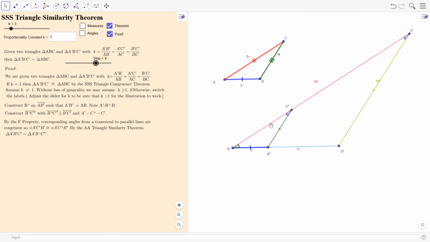Okay. Now, this angle, of course, they share, so triangle A prime, B double prime, C double prime, and triangle A prime, B prime, C prime have two pairs of corresponding angles that are congruent. Therefore, by the angle-angle triangle similarity theorem, those two triangles must be similar.